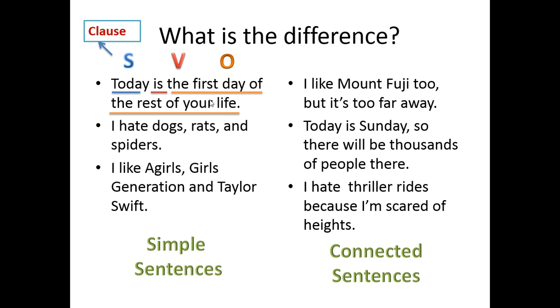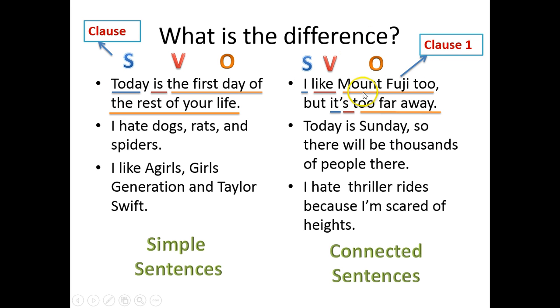While for connected sentences, you can find 2 or more SVO in the sentence. As you can see in this sentence, I like Mount Fuji is the first clause, and it's too far away is the second clause. And these 2 clauses are connected by what we call connectives.